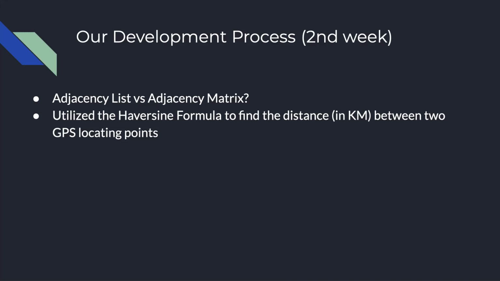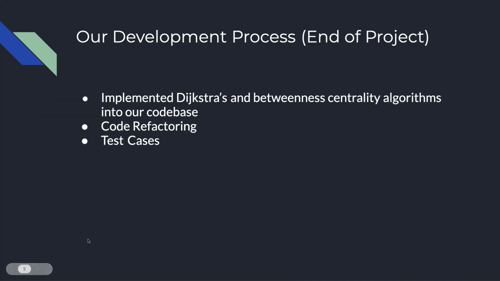For the beginning of the third and final week, we planned to dedicate the majority of our time to refactoring the code base, writing test cases, and implementing our last algorithm, the betweenness centrality algorithm. This part of the project was the most challenging for us, as we had minimal mathematical understanding of how betweenness is calculated from a network of nodes.